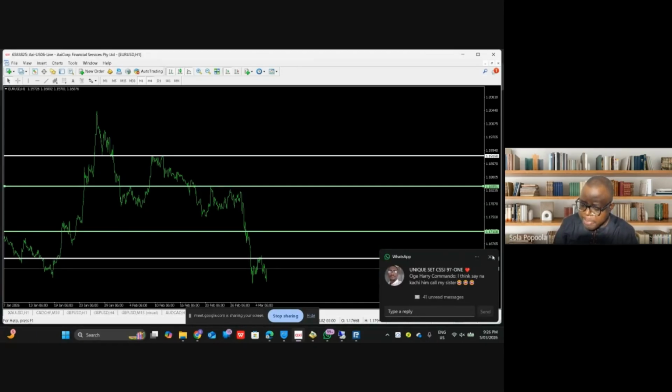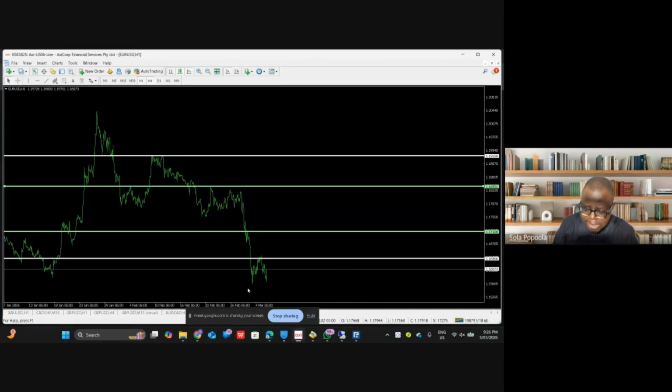Support line has now become a resistance. There's a likely tendency that price may come again to touch it, and if it rejects it, that means we have more powerful sellers than buyers in this place, and it will still push it down. So you take note of this.